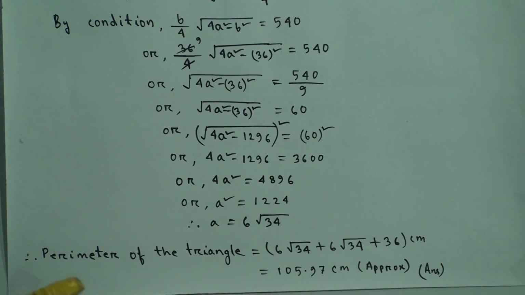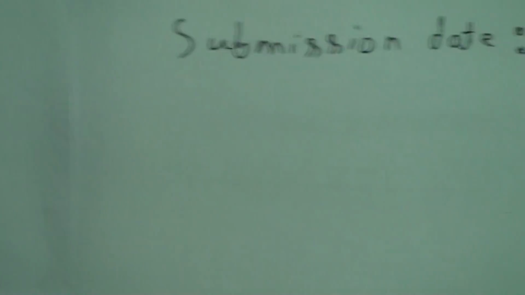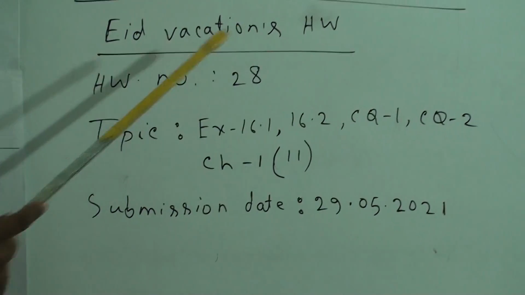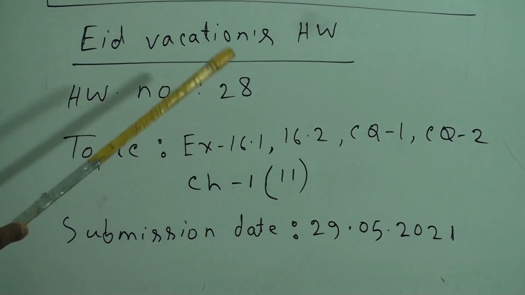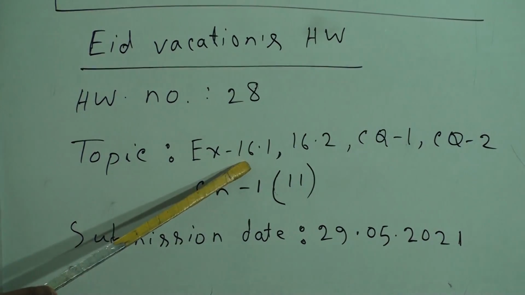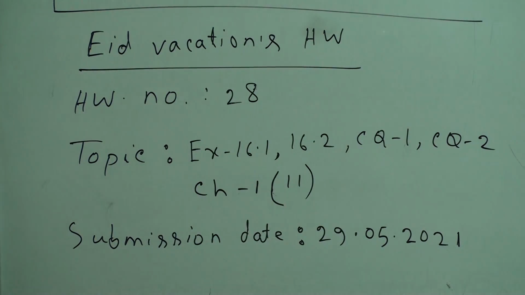Okay dear students, we have finished our today's CW. Now I am giving you SW. This is SW for Eid vacations, and this is SW number 28. And the topic of the SW is exercise 16.1 and 16.2 CQ1 and CQ2. We have already solved these two CQ in this class, and chapter 1 question number 11.